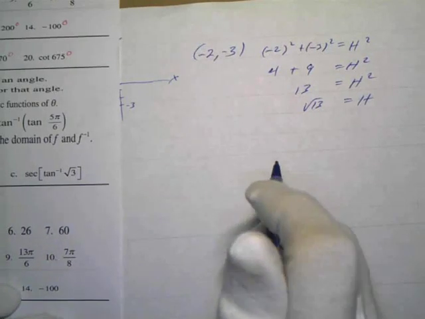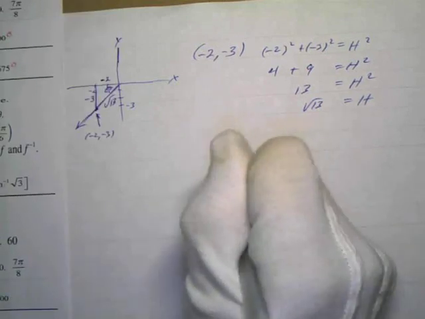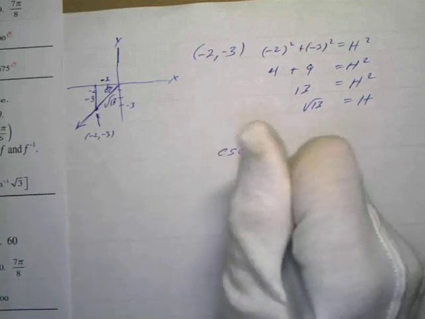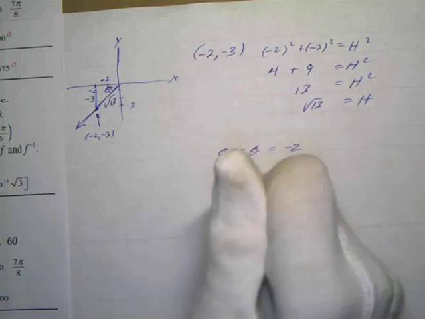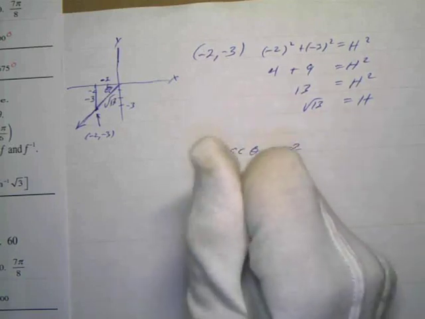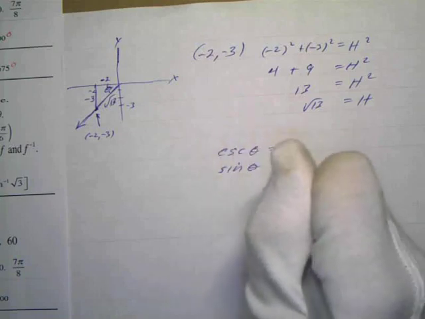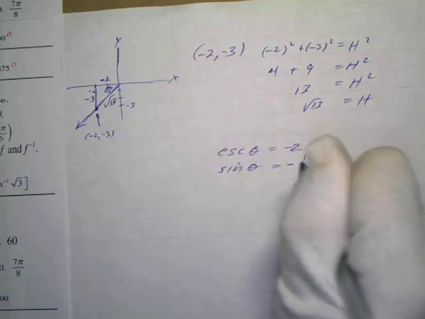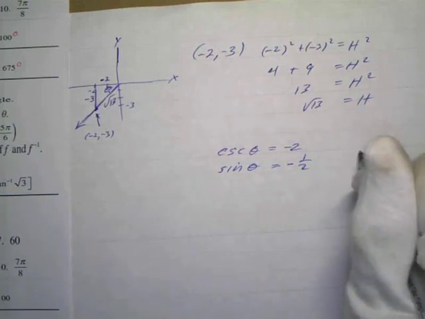Now, the cosecant is negative. That means actually the sine is -1/2, right? It's the reciprocal, so it might be easier to deal with it like that. So the sine is negative.